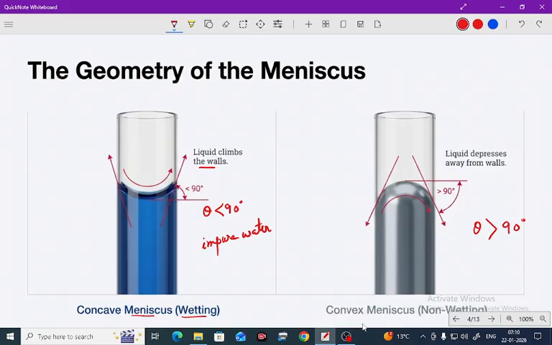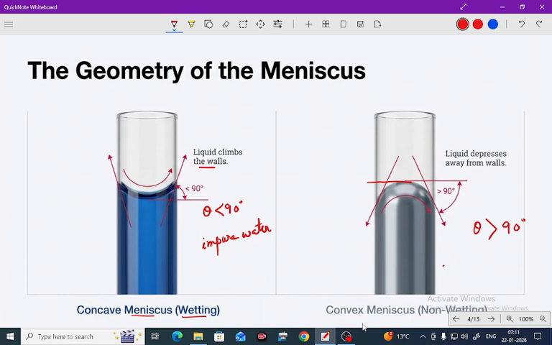You see here, this is the tangent on the right. So in this case, liquid decreases away from walls. It is the case of mercury actually.